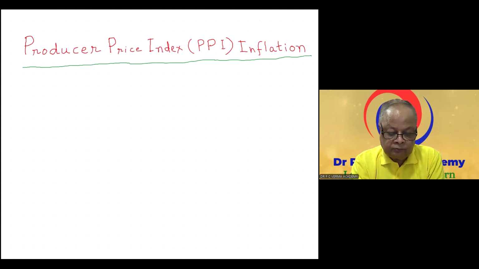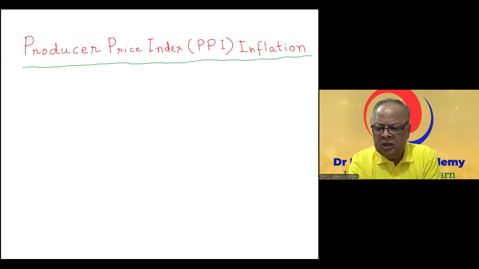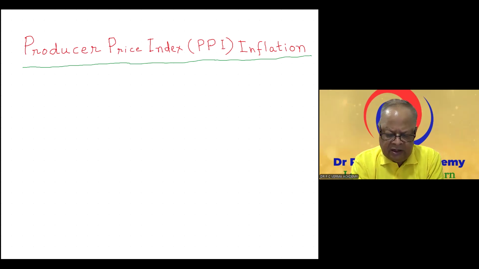So in the United States of America, in order to find out the accuracy in the variations in price and the rate of inflation, they have decided that we should follow the measure of inflation at the wholesale level and at the producers level. Whereas in India, inflation is calculated at the consumers level.